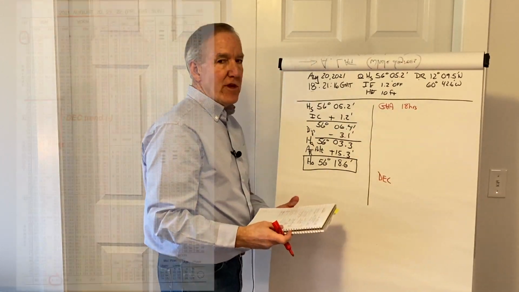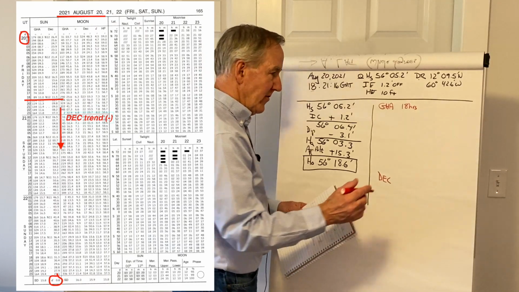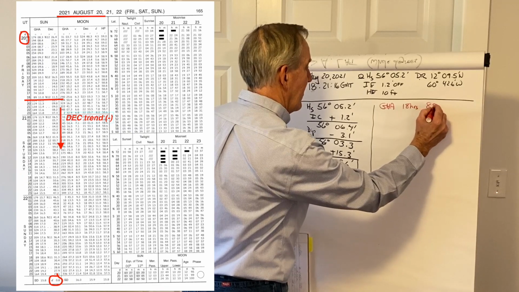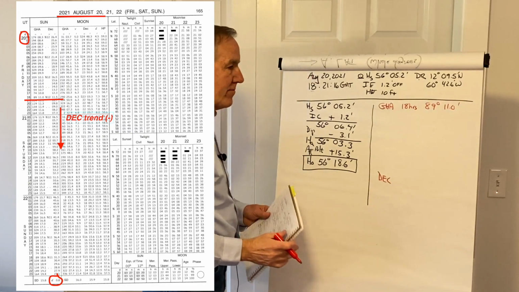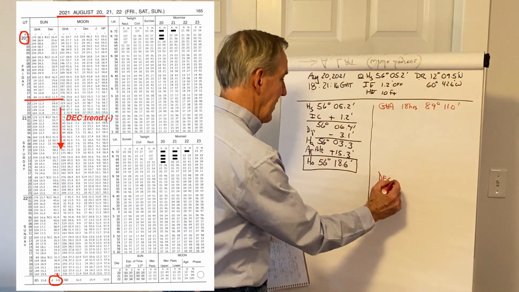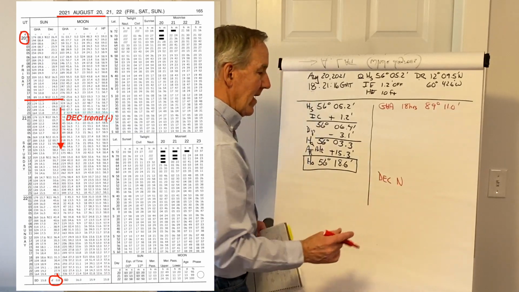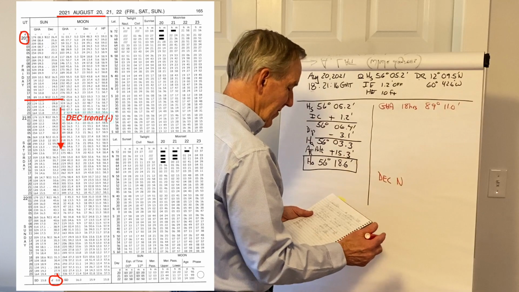And we read the GHA for 18 hours as 89 degrees 11 minutes. And while we're there, we keep reading across and we find the declination for the 18th hour of that day is north 12 degrees, 11.5 minutes.